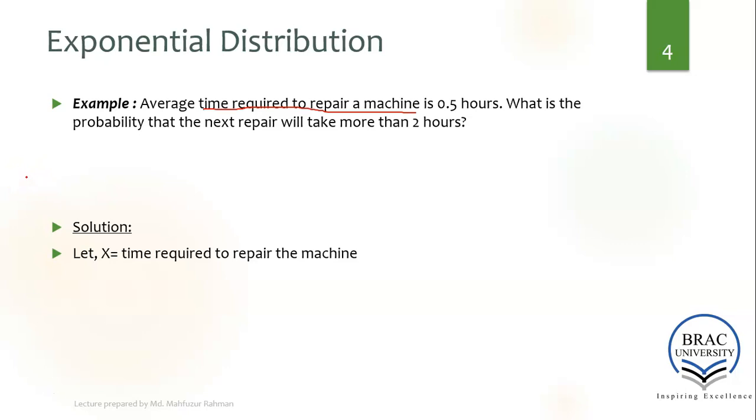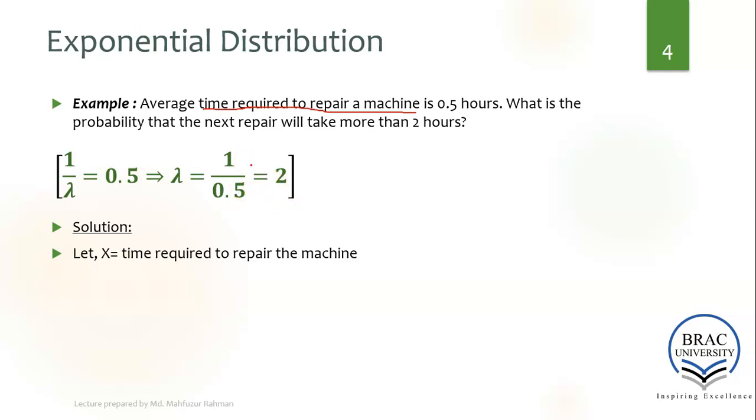And we know that the mean of the exponential distribution is 1 by lambda. So we can write 1 by lambda equal to 0.5, from where we calculate lambda equal to 2, which makes sense and is expected: if half an hour is required to repair one machine, then to repair 2 machines it will require 1 hour.